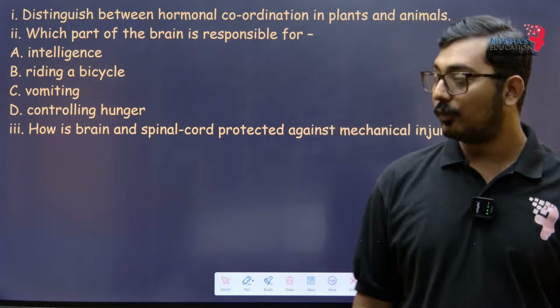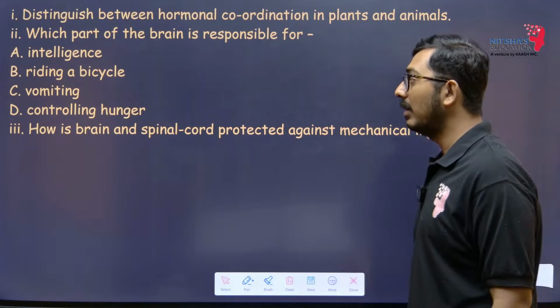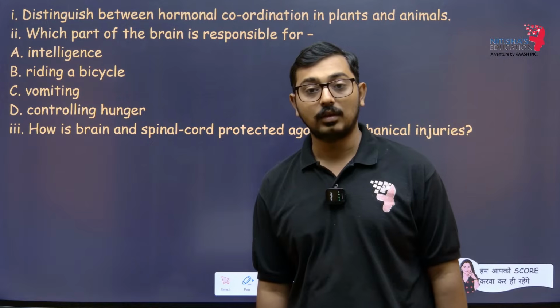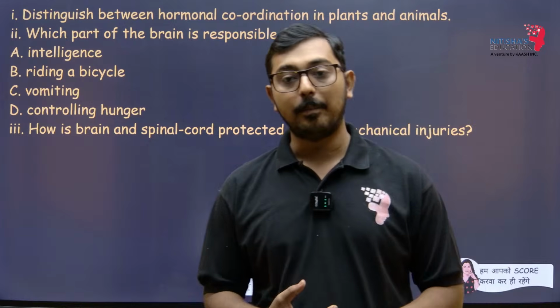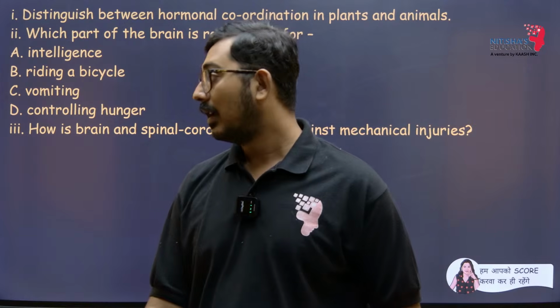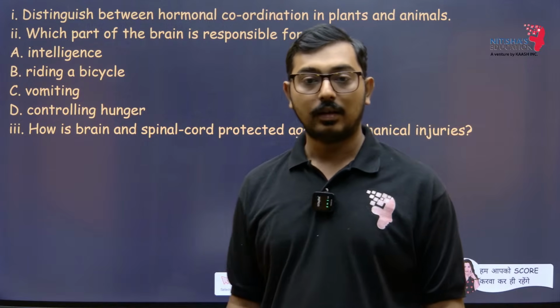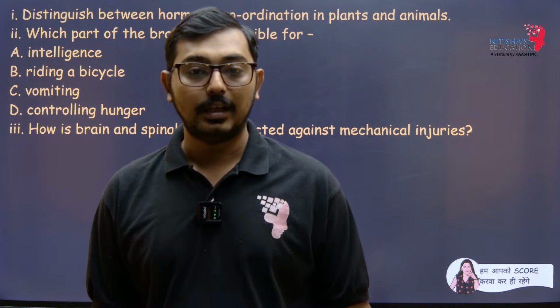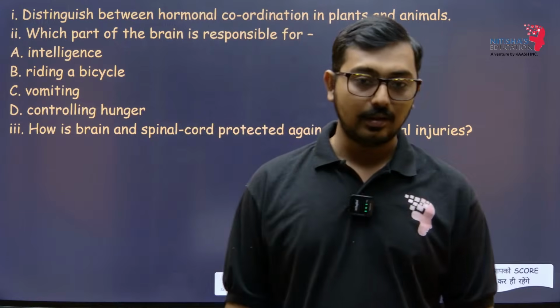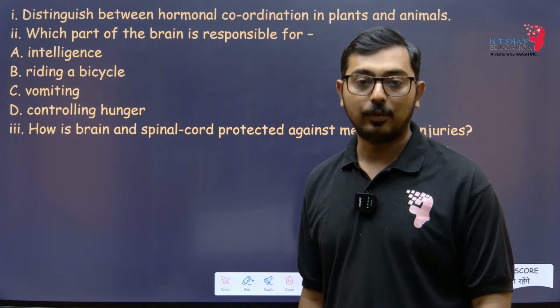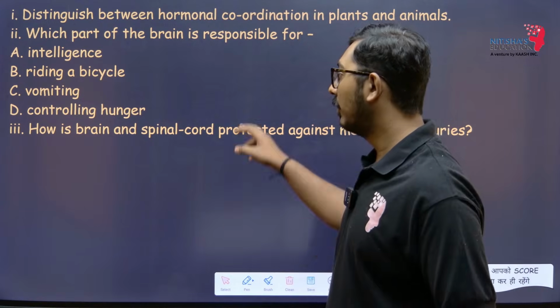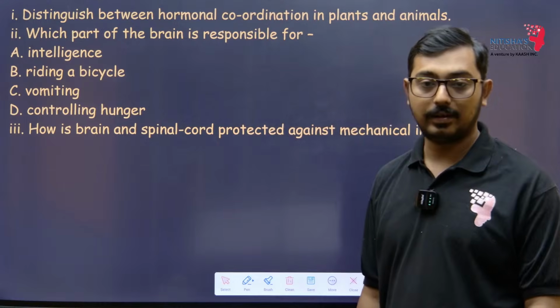So cerebellum would be the answer for B. Vomiting is caused by the medulla. And controlling hunger is done by the hypothalamus. So these are the answers for A, B, C, and D.